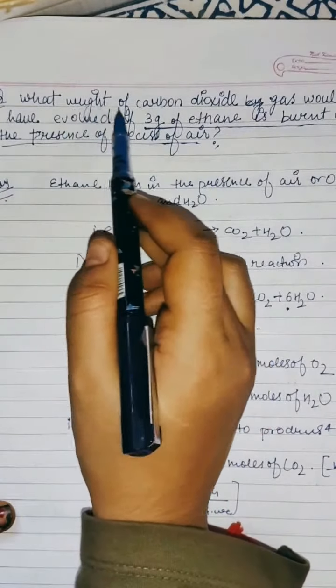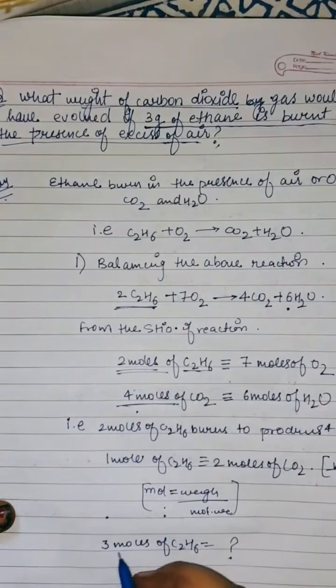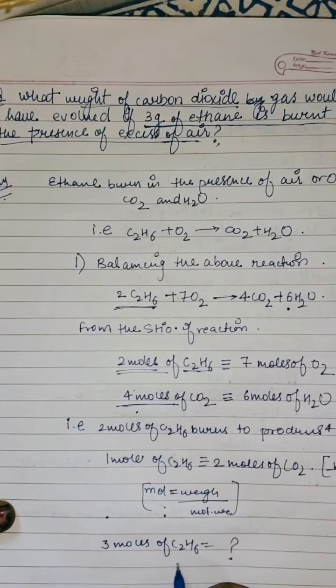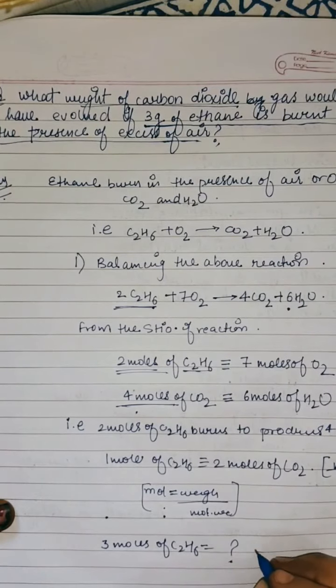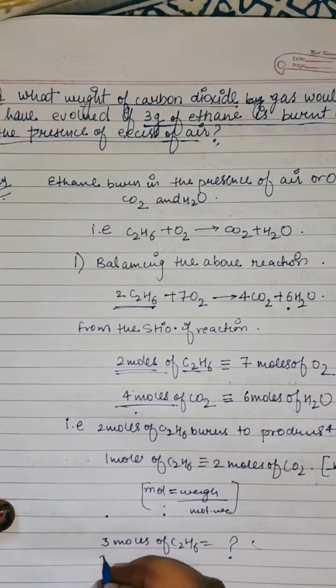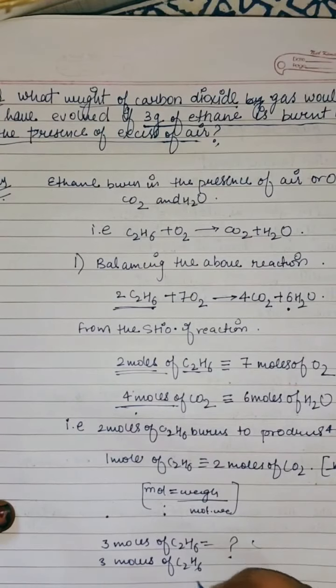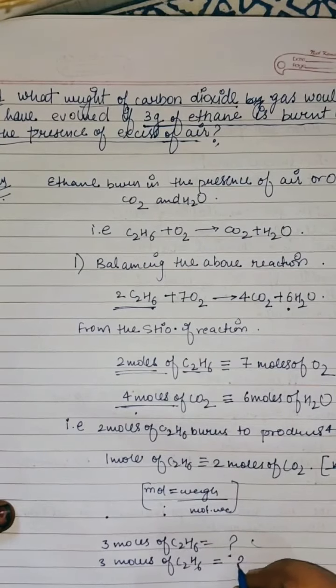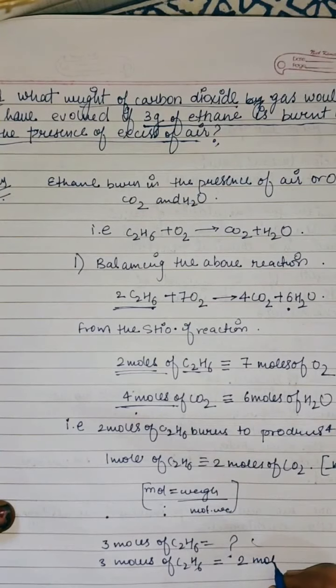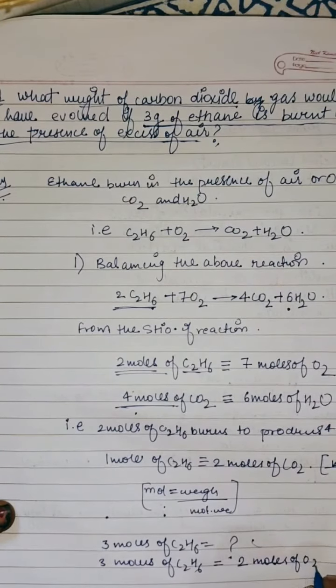So what is the weight of carbon dioxide? 1 mole of C2H6 gives 2 moles of carbon dioxide.